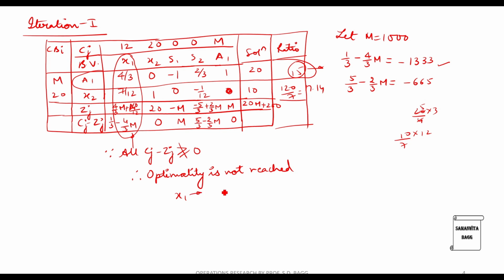We have x1 as the entering variable and A1 is now leaving the solution. So now we'll go for iteration 2.